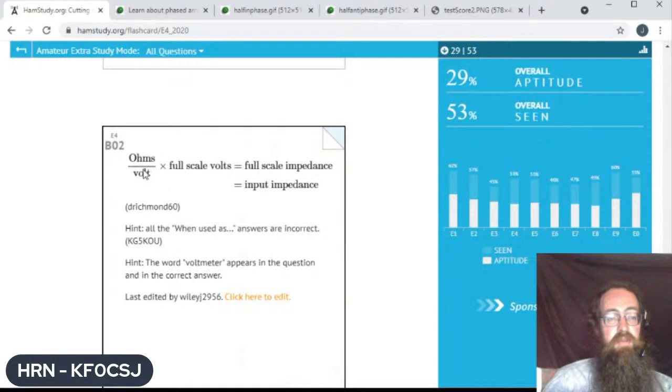So yeah, ohms per volt, volts. And the volts cancel out. That's where I got messed up. So the volts cancel out in this one, and all that's left is the ohms, which is the impedance. And just a hint that someone gives, all the "when used as" answers are incorrect.